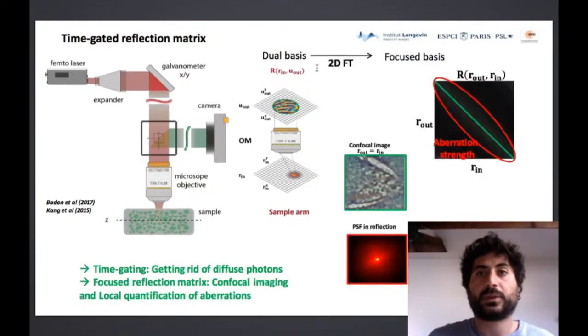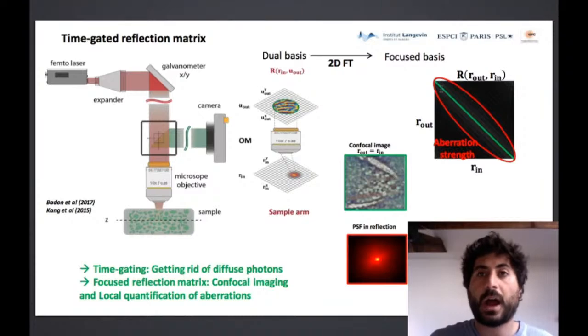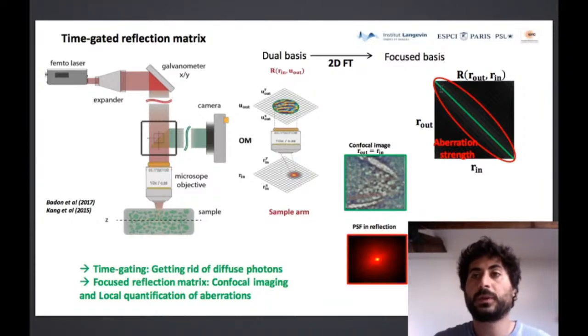Then, by performing a 2D Fourier transform on the output coordinate, we have access to the matrix in the focus basis. If you look at the diagonal elements of this reflection matrix in the focus basis, it's the elements for which r in equals r out. So you try to focus at one point inside the medium and you look at the energy coming only from this point. This is the confocal image.